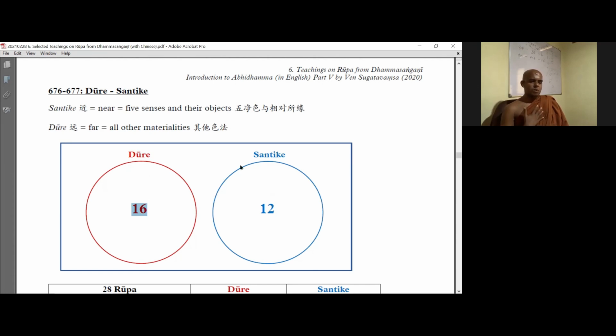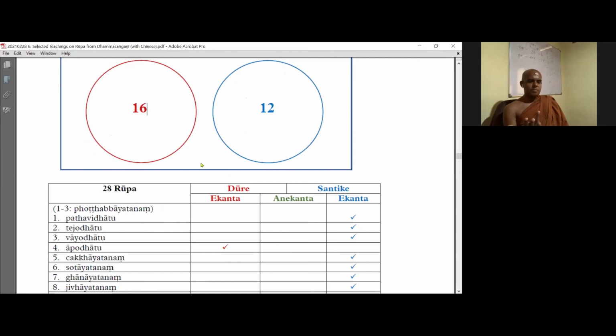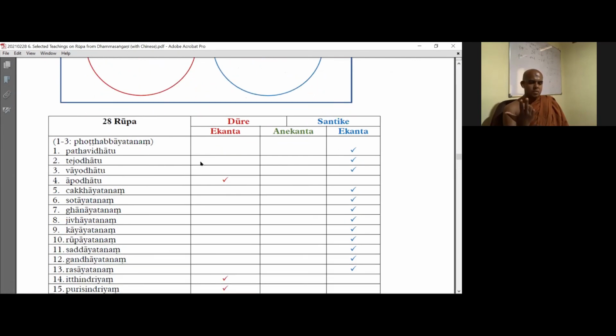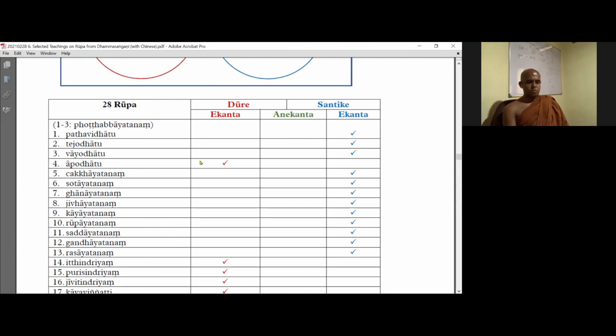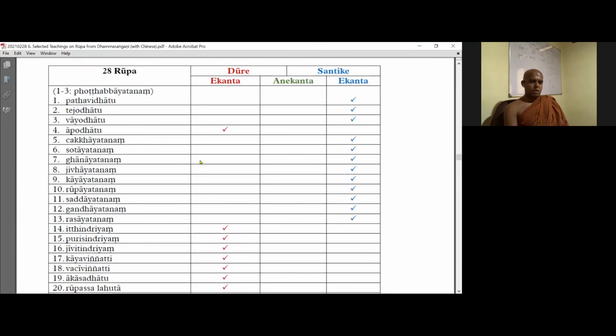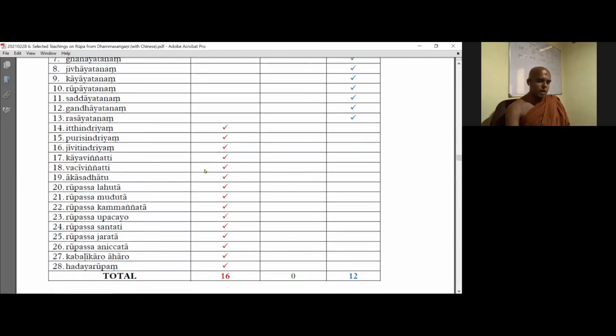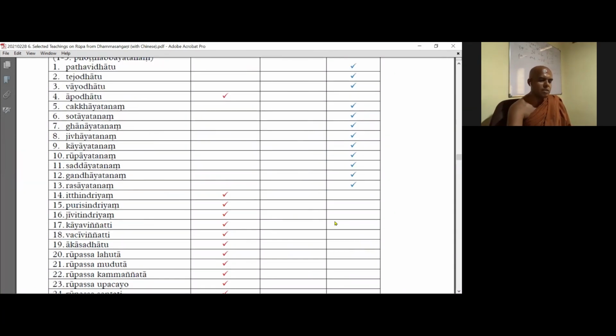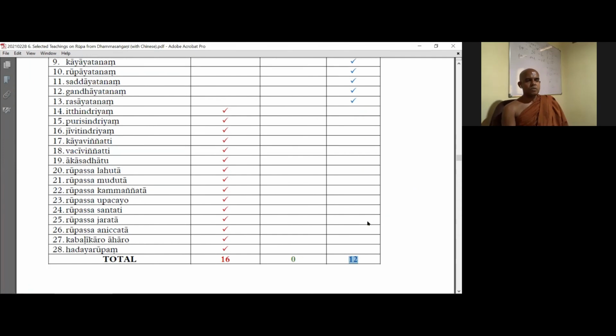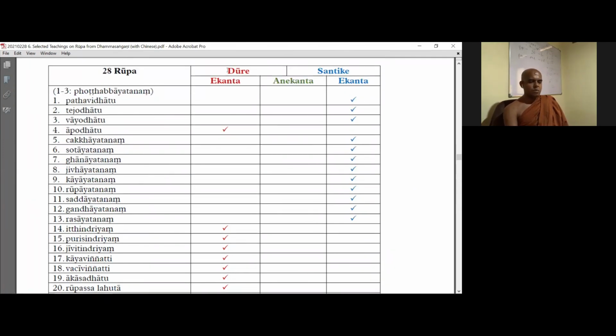Near rupa is the 5 sense bases and 3 objects: color, sound, smell, and tangible object, which also become 12. But far, the dura, all other materials not so nearby, those equal 16.